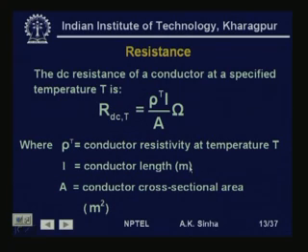L is the length of the conductor and A is the conductor cross sectional area. If we take length in meters and cross sectional area in meter square, then we get this resistance in ohms, where rho_T is given in ohm meter.